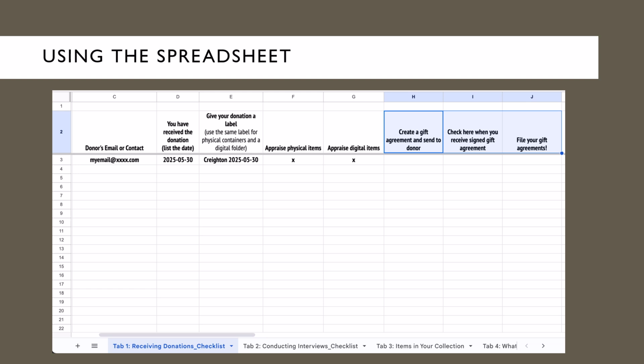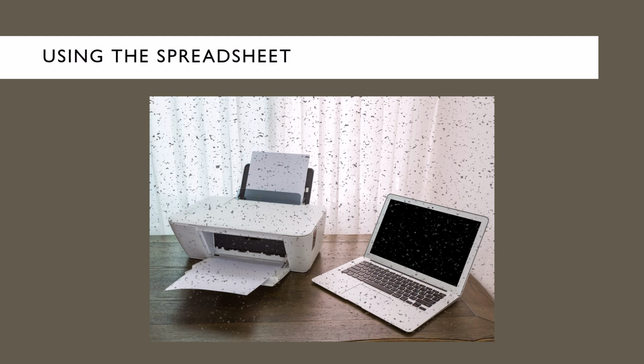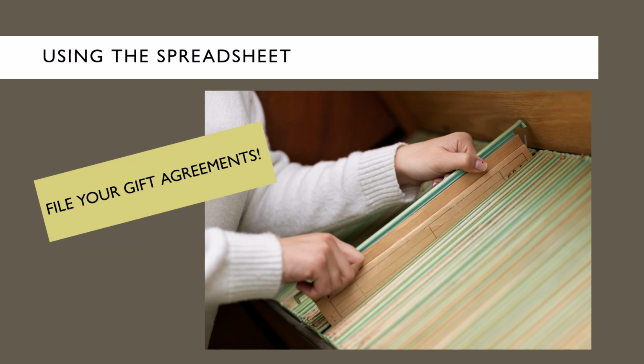So, we'll talk about these final steps in columns H, I, and J. When you send the gift agreement out to your donor for them to sign, check off column H. Once you've received it back from them, check off column I. Last but not least, we strongly recommend that you print a physical copy of your gift agreement and file it, and that you then also file a digital copy of your gift agreement.